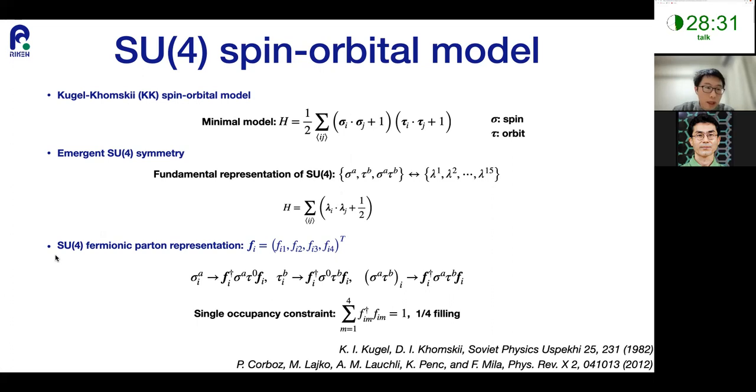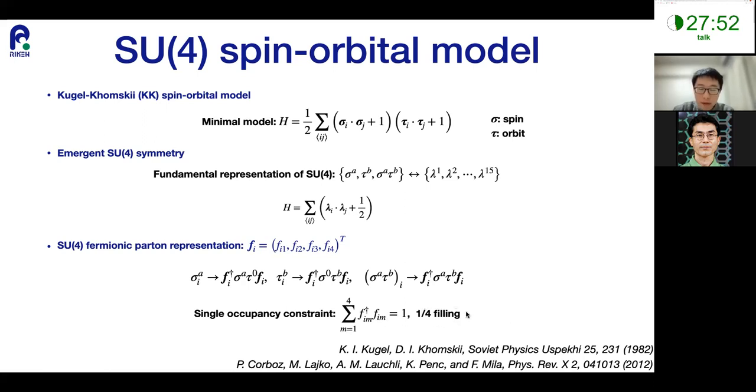So we can use an SU4 fermionic parton representation, which has four flavors of fermions, to study this model. So you can use the parton operators to reformulate these SU4 spin operators, and finally to restore the physical Hilbert space, we should keep the single occupancy constraint.